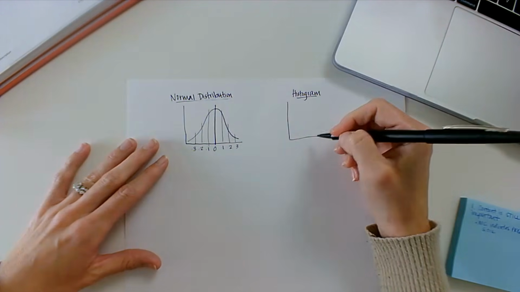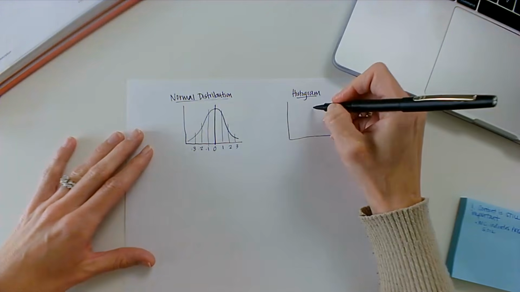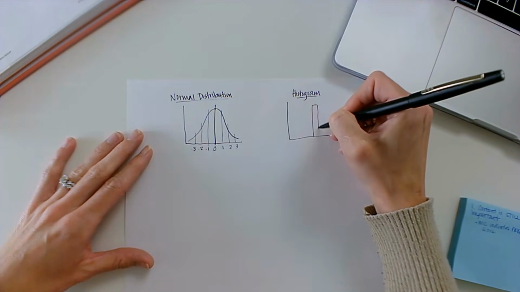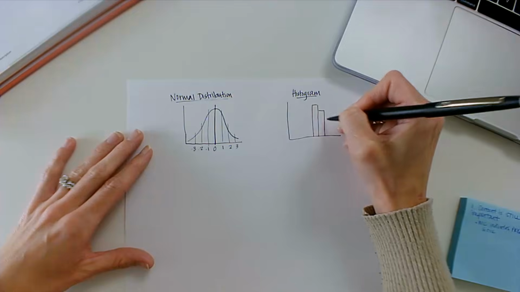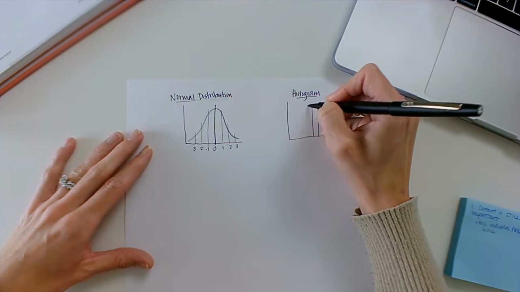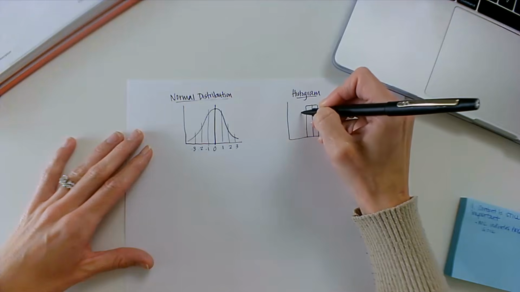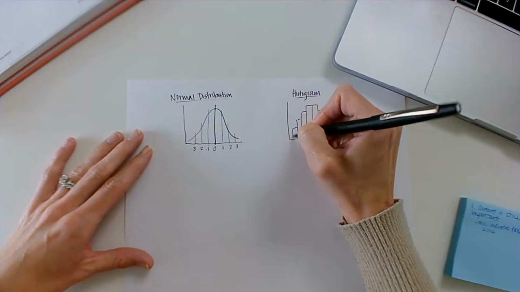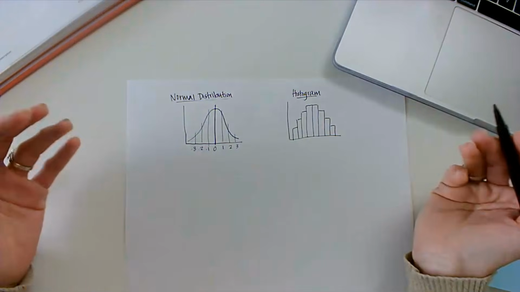But a histogram is essentially the same thing. So what we have is it shows the data continuously. The bars do touch each other. But if you notice, if they are normally distributed, they look just like the normal curve.